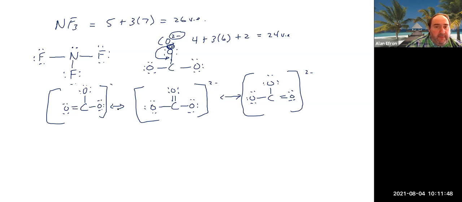When you have multiple places where you could do that, these are what are referred to as resonance structures. Resonance structures represent a compound with multiple Lewis structures because the real structure is somewhere in between them. The reason it's in between involves the double bond electrons.